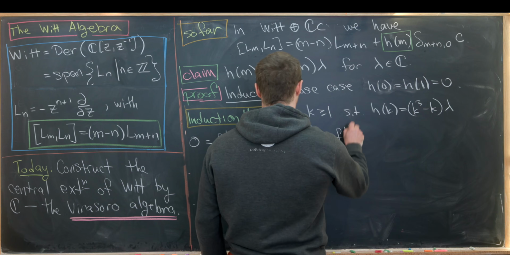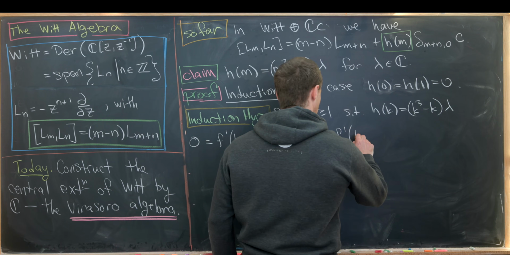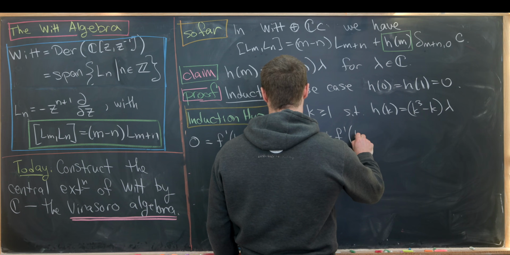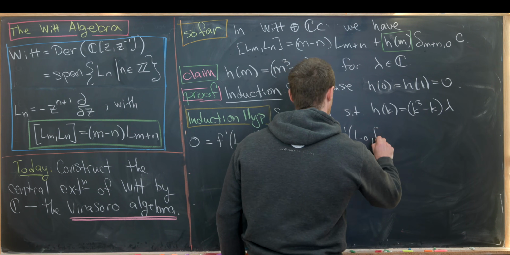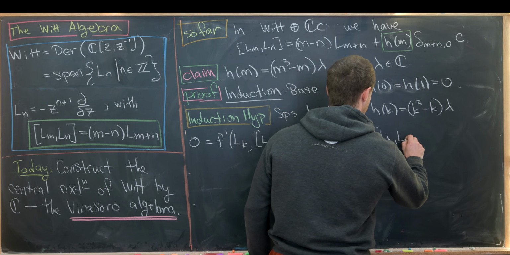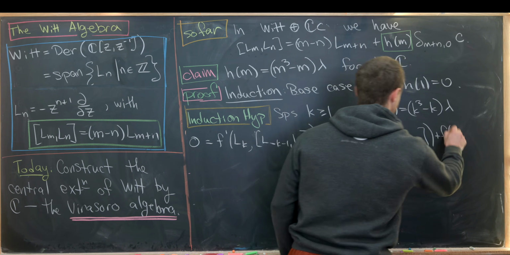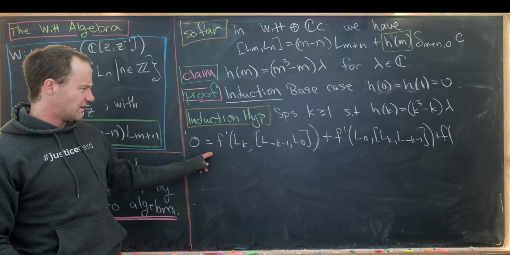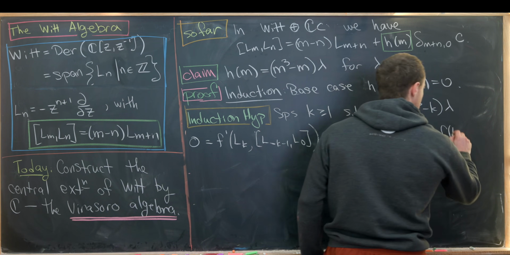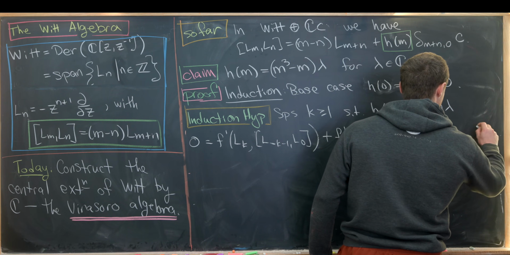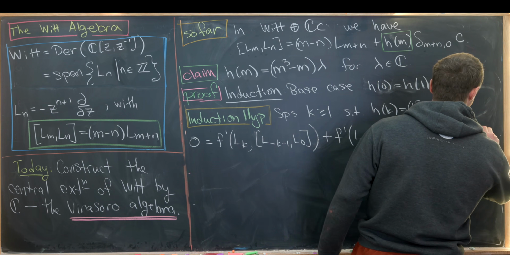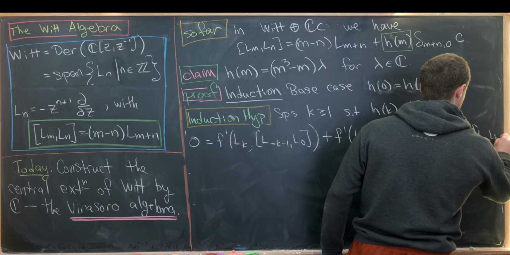So that'll be F prime of L0 and then the bracket of LK with L minus K minus 1. And then finally, the last one will be F of L minus K minus 1 and then the bracket of L0 with LK.